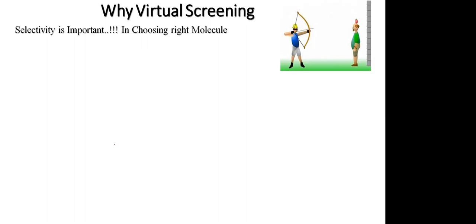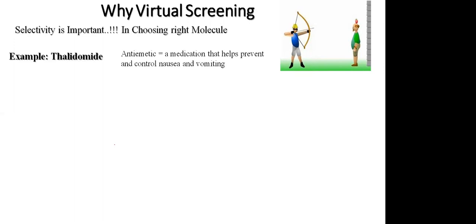Why virtual screening? Because selectivity is important, because based on selectivity only we'll get the right molecule. See, in this image, if you are blindfolded, and the opposite person has a fruit on the head, and you shoot an arrow blindfolded, will it be effective in hitting that fruit alone without any damage?